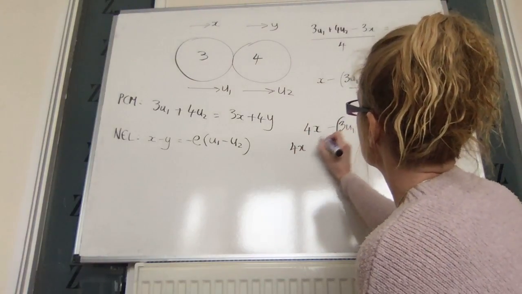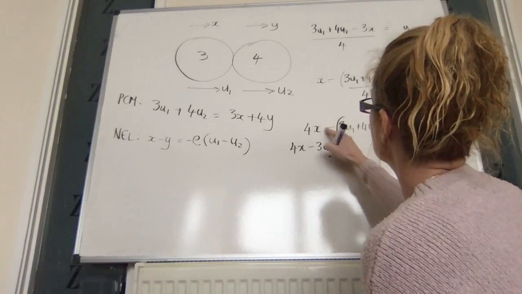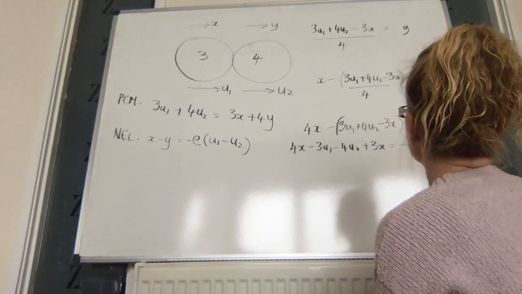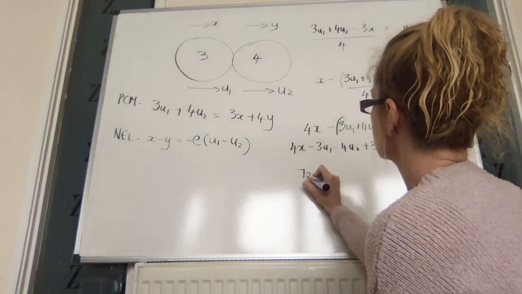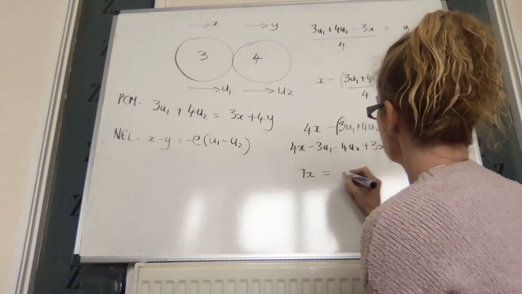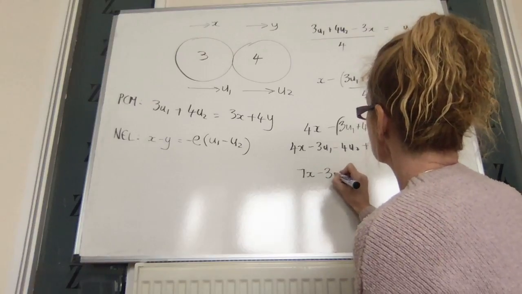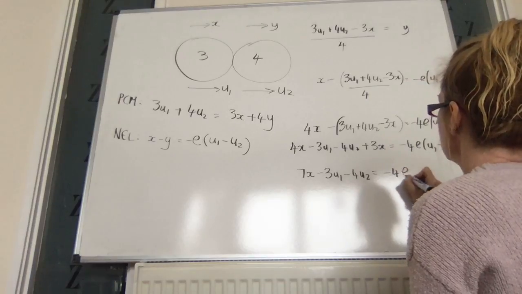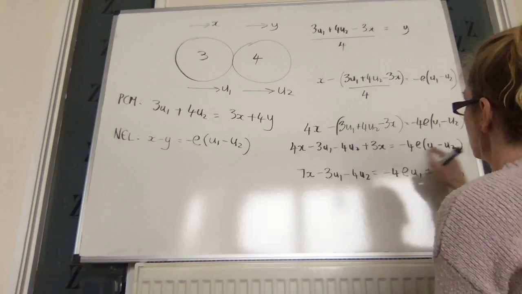It's 4x minus 3u1 minus 4u2 plus 3x equals minus 4e times (u1 minus u2). We can see our 7x now, 4x plus 3x. We need to bring these over, I'll do the two steps: minus 3u1 minus 4u2 is equal to minus 4eu1 plus 4eu2. That's me multiplying out the brackets.